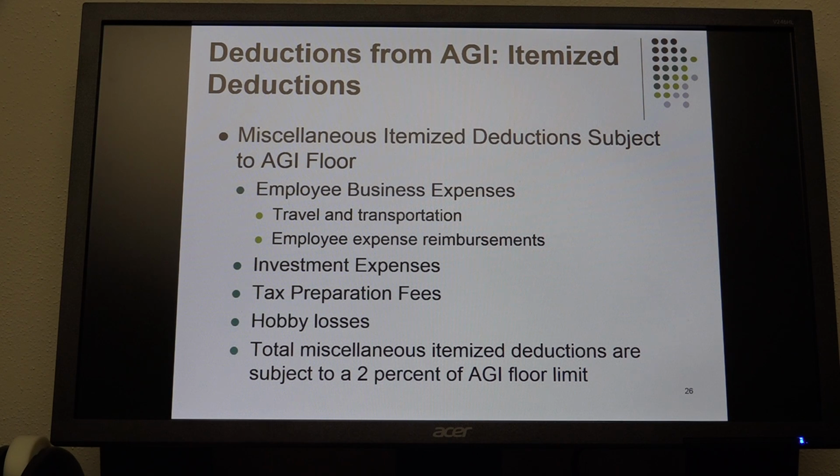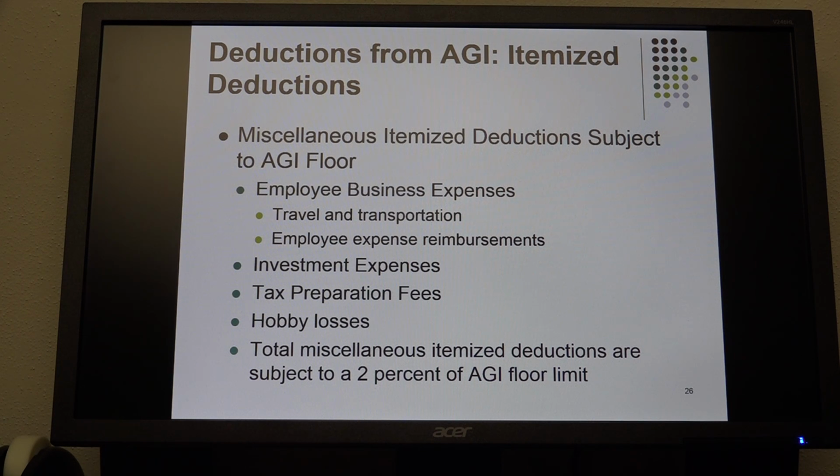And so employee business expenses, now these are unreimbursed employee business expenses. Not very many, at least in my experience, if you have a good employer worth working for, they're going to pay your business expenses. But if you have any unreimbursed business expenses, it's covered.